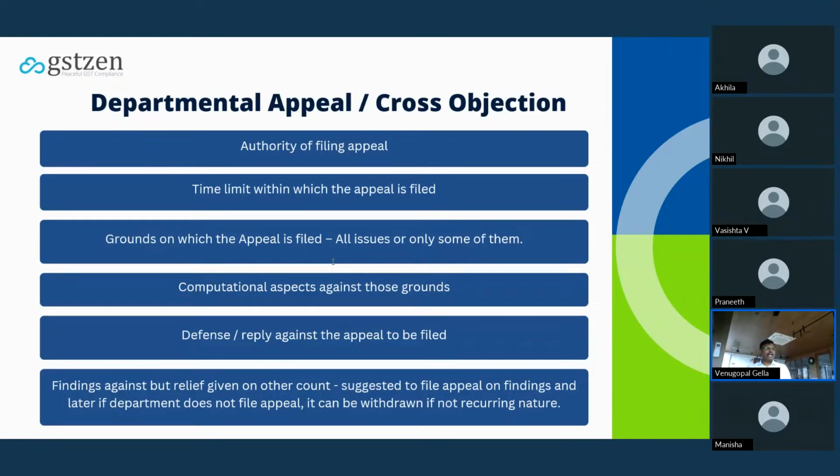When you're filing your reply, there are merits and technical submissions, right? So sometimes the findings could be against, and the relief could have also been sought on other grounds. Yeah, so you've got to be aware of these.